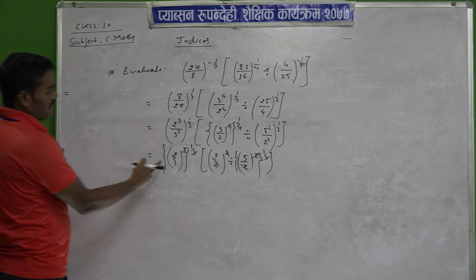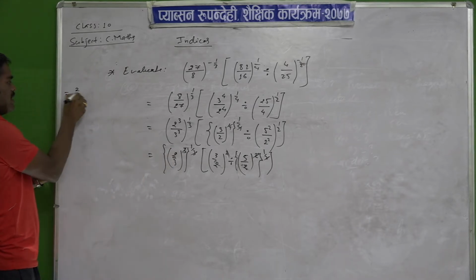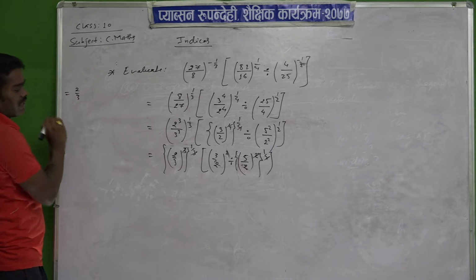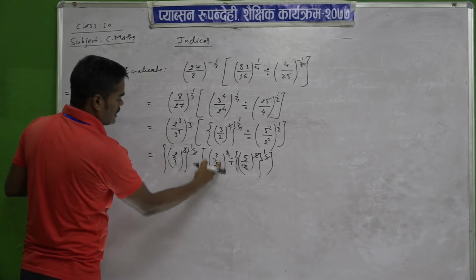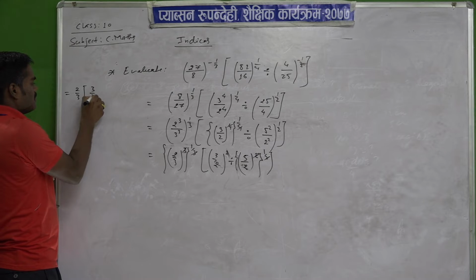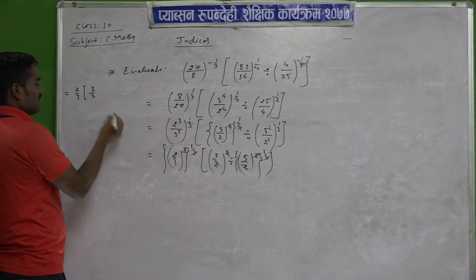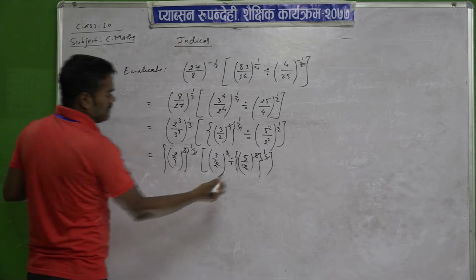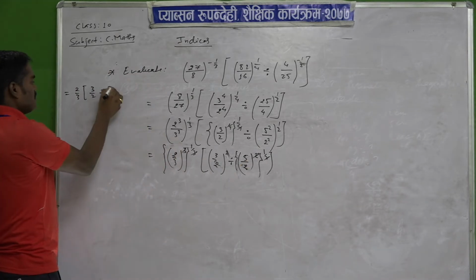So, what is left here? 2 by 3, 2 by 3 whole power 1 means 2 by 3, and then after here 3 by 2, 3 by 2 whole power 1 means 3 by 2, and here 5 by 2 whole power 1 means 5 by 2.